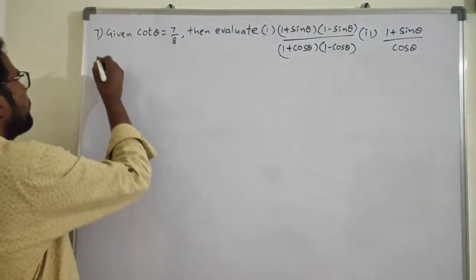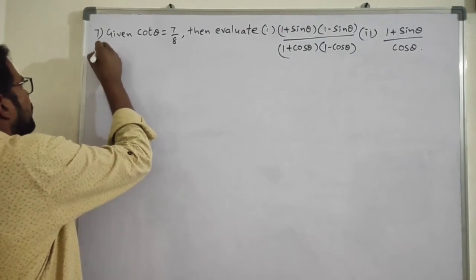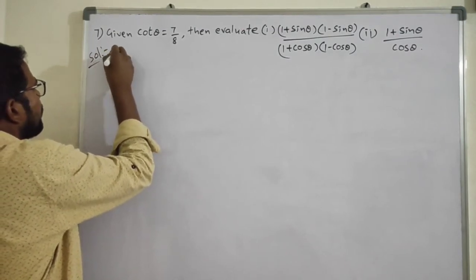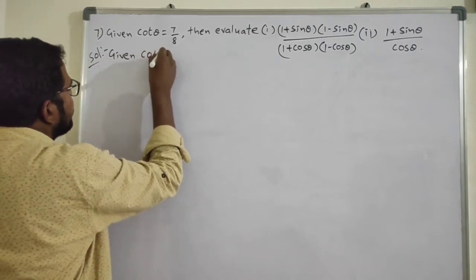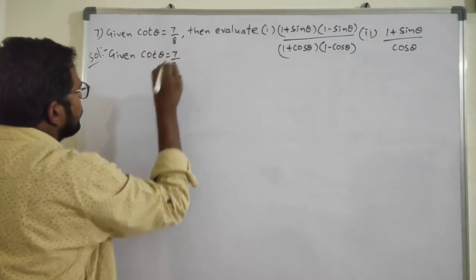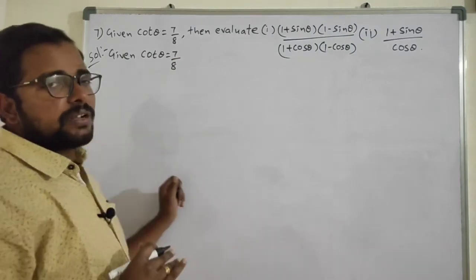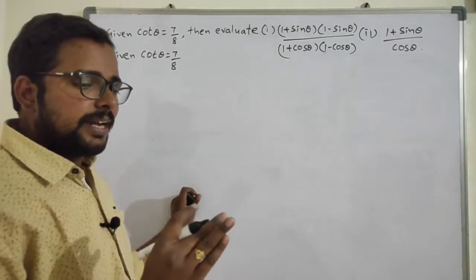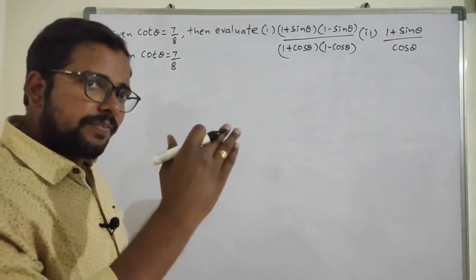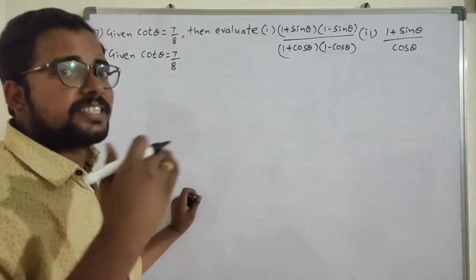So what is given? Given cot theta is equal to 7/8. What is the cot ratio? Cot theta is the reciprocal of tan. What is tan theta? Opposite side of theta by adjacent side.